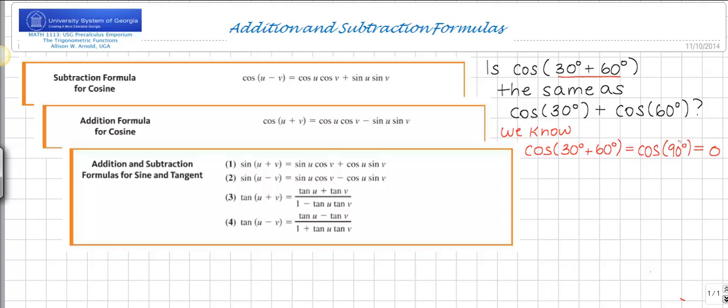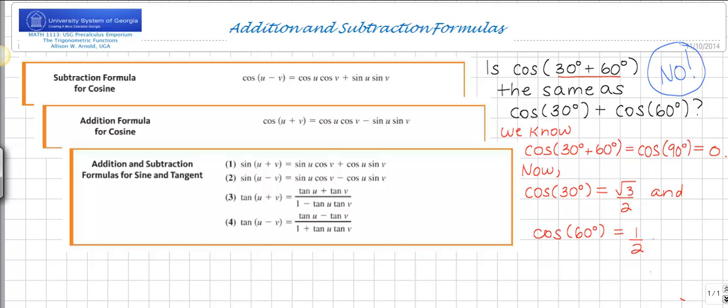Now if I do these individually, the cosine of 30 degrees is root 3 over 2 from your triangles, and the cosine of 60 degrees is 1/2, also from your special triangle. We can see that those two values do not add together to give us 0. So the answer to this question is no, it's not that simple.